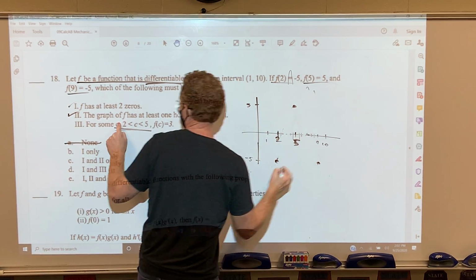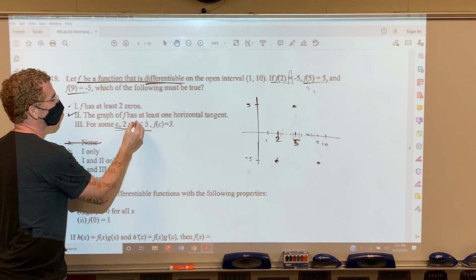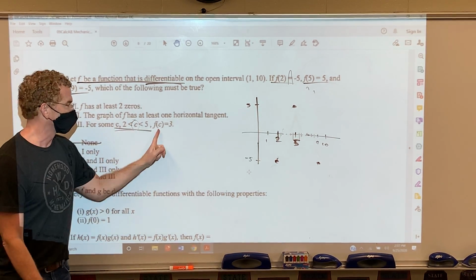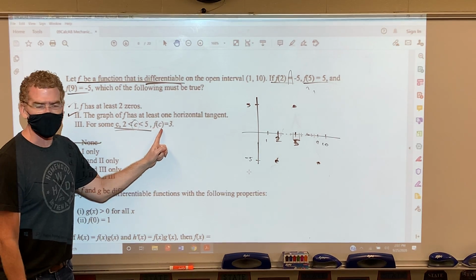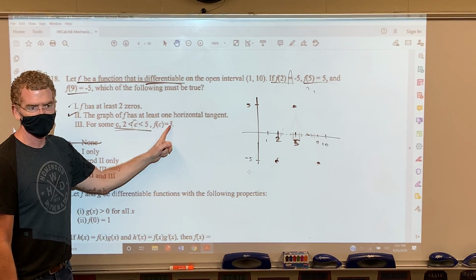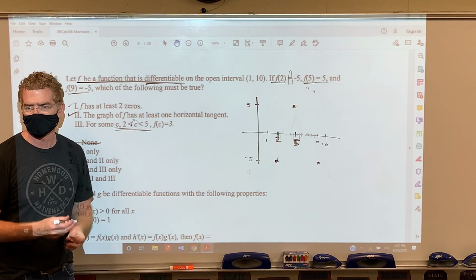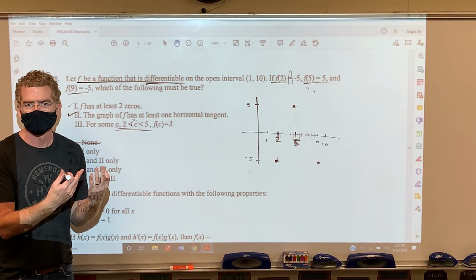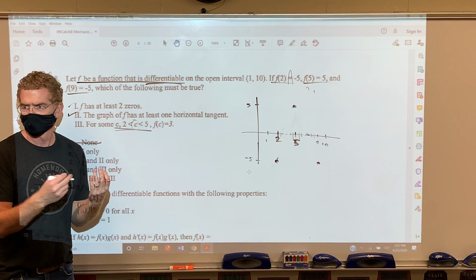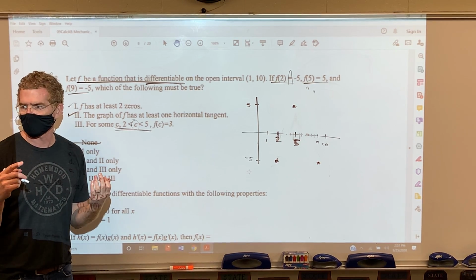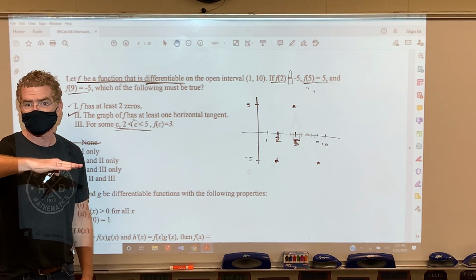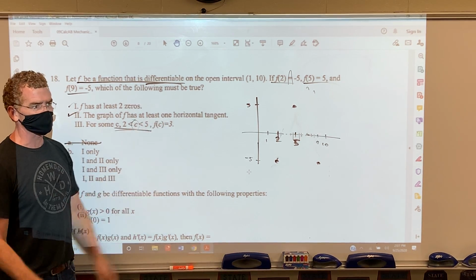So they're saying there is some value in between there, right? Where the y at that value is 3. Now, what is y equals 3? What kind of line? Vertical. You meant horizontal, yeah. Horizontal. It's a horizontal line. Y equals 3 means a horizontal line.